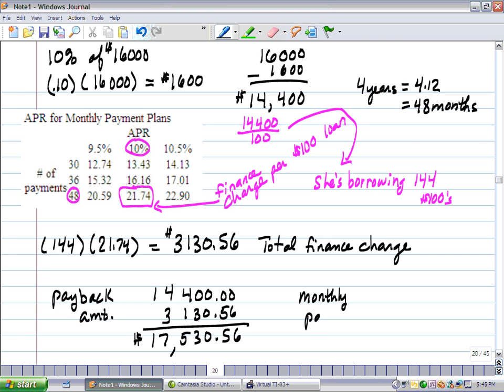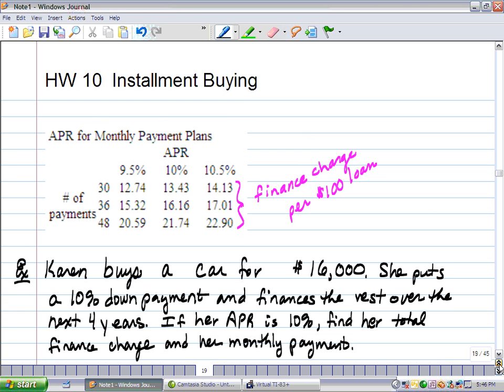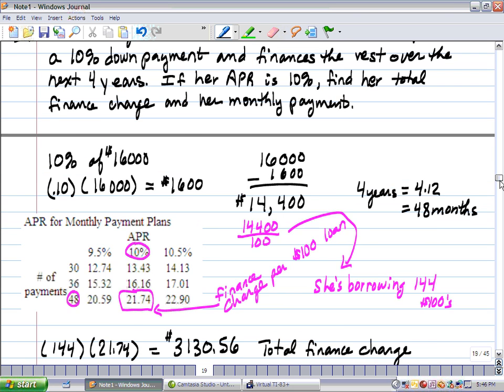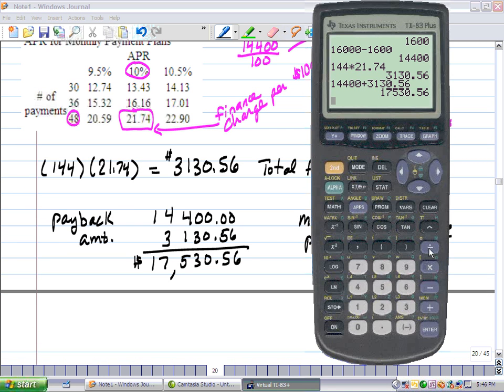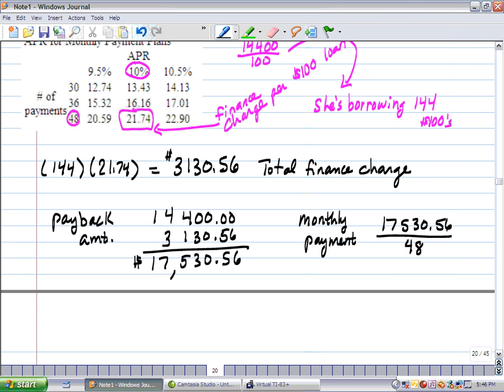So her monthly payment is going to be $17,530.56 divided by the 48. So let's do that, divided by 48, $365.22.